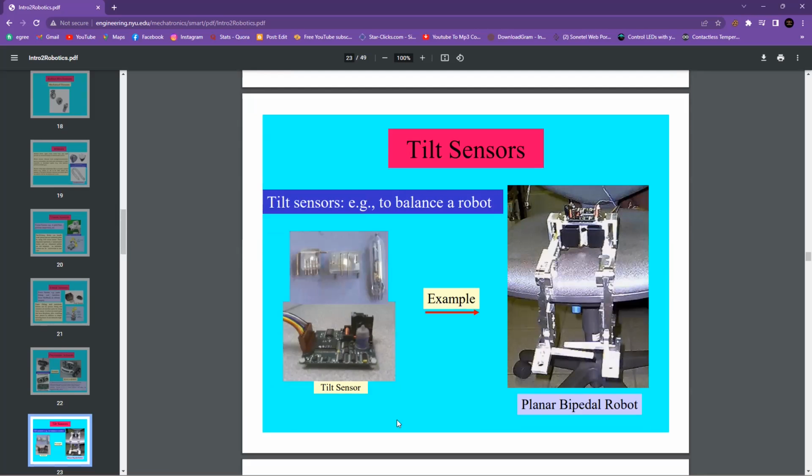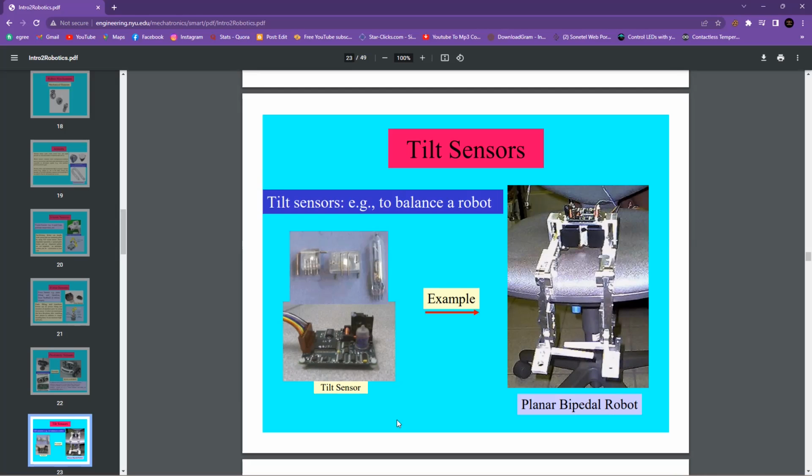So you also have tilt sensors, sensors that help robots in balancing themselves. I made mention of one of them, a gyro sensor, which is mostly found in drones. The gyroscope helps drones balance themselves, reading axes in different directions and dimensions.